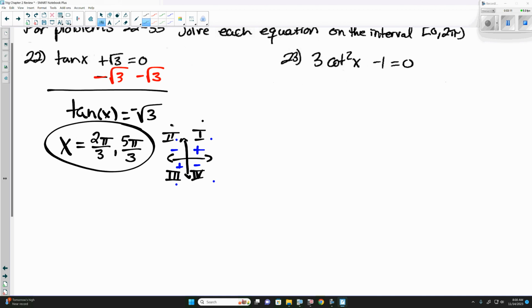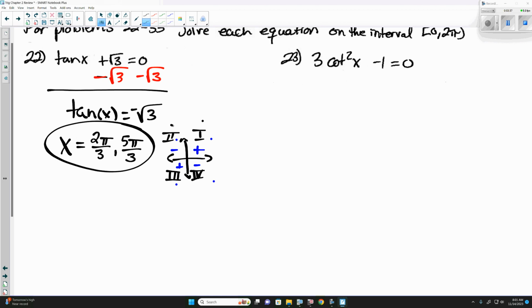Tangent is sine over cosine, a positive over a negative is going to give me a negative. Third quadrant, sine and cosine are both negative. Negative and negative make a positive. And in the fourth one, cosine's positive, but sine is negative. Positive and negative give us a negative. So those two, it's negative.